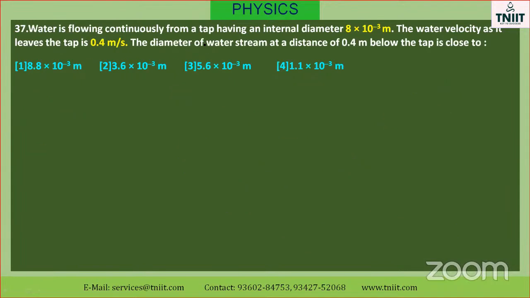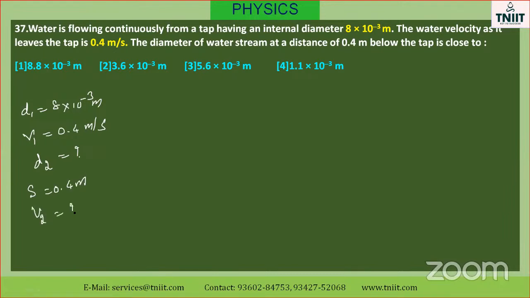Now, water is flowing continuously from a tap of internal diameter 8 into 10 power minus 3 meter. The water velocity is 0.4 meter per second. You have to calculate the diameter at a second point, at a distance of 0.4 meter below the tap.